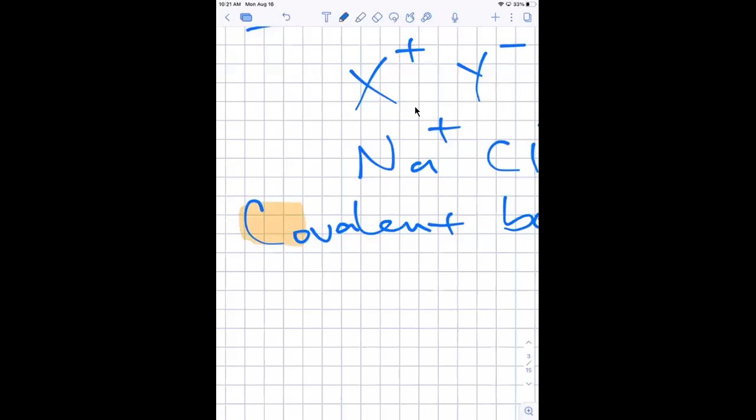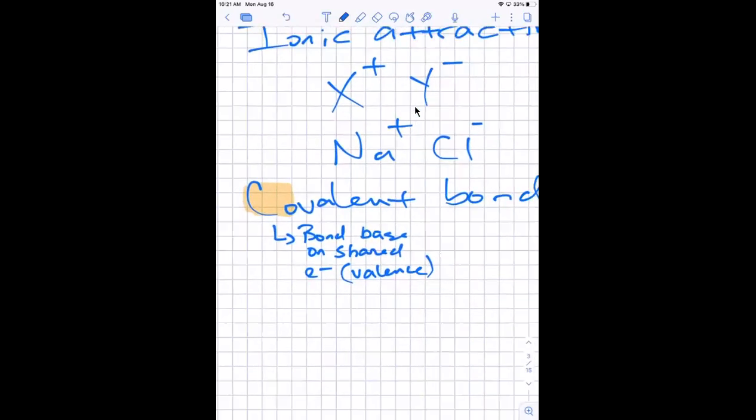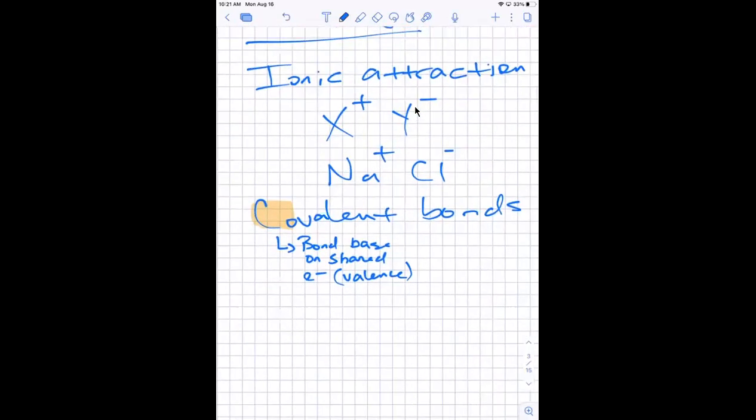So this is a bond based on shared electrons, or shared valence, overlapping. I'm going to talk about that. So a covalent bond is a bond where electrons are shared between two atoms.